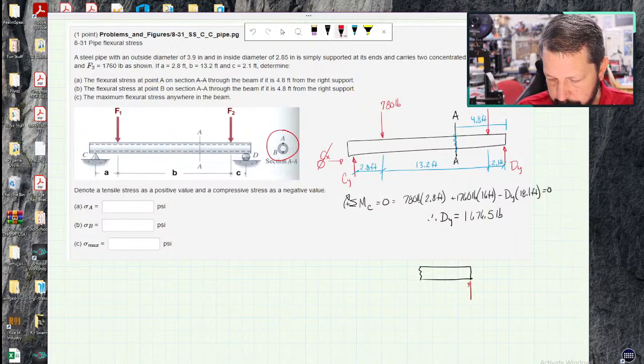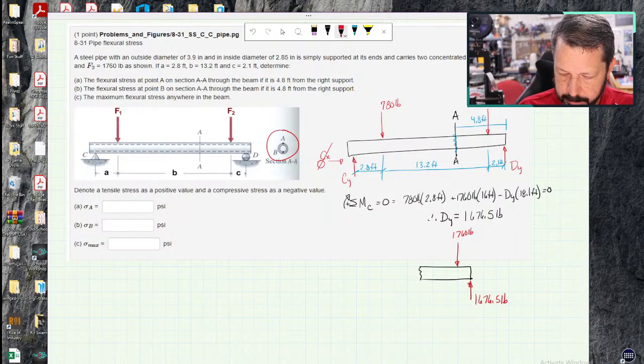So I've got dy, which we just solved, 1676.5 pounds. I've got, maybe right here, 1760 pounds. I've got the internal shear force and the internal bending moment.